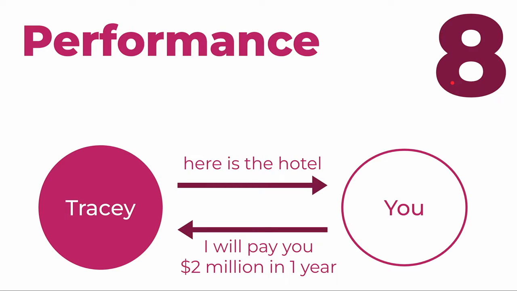So when we look at this then, let's assume that we perform. And so despite the fact we have this discrepancy, there's a written agreement, and I am complying with the written agreement, right? I'm saying, here's the hotel and no furniture. And you're saying, I'm complying with the oral agreement. I am paying you $2 million over a period of 1 year.